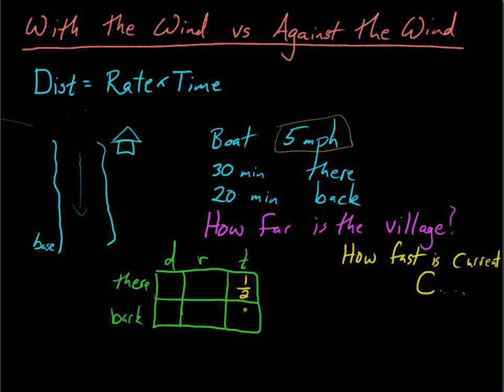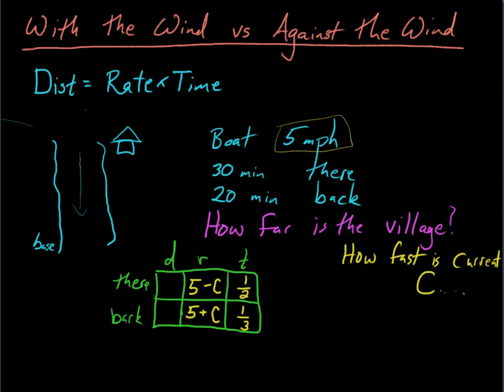And same thing, it takes me a third of an hour to get back. On the way there, I'm going 5 miles an hour, but I'm going against the current, so I'm really going 5 minus C. And on the way back, I'm going 5 miles an hour, but the current's helping me out, so I'm really going 5 plus C.